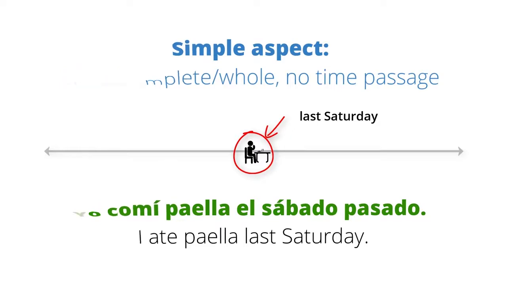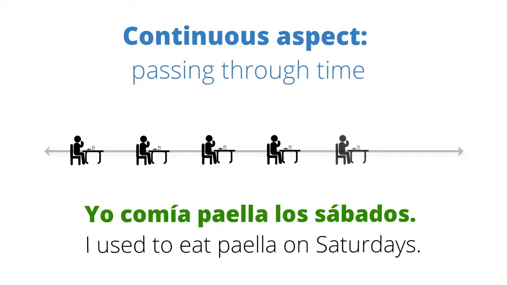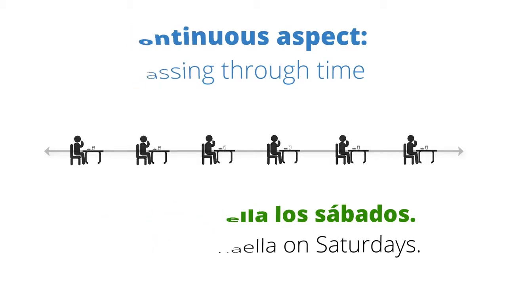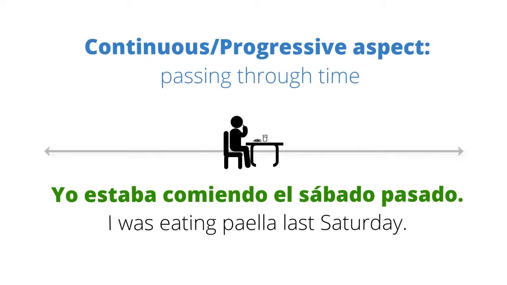Now compare that to yo comía la paella los sábados. I used to eat, or I ate paella on Saturdays. In this case, eating paella is not contained with any unit of time. Now, yes, we know that it happened on Saturdays, but we don't know what Saturday was the first or what Saturday was the last. So this is continuous aspect. Likewise, the idea, yo estaba comiendo la paella el sábado pasado, I was eating paella last Saturday, reflects the progressive aspect.